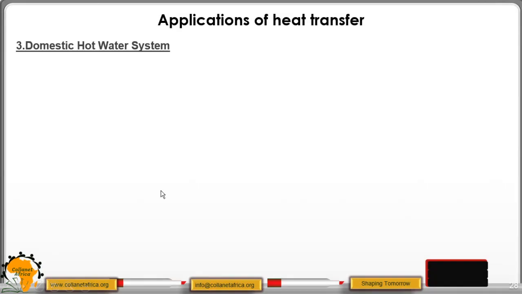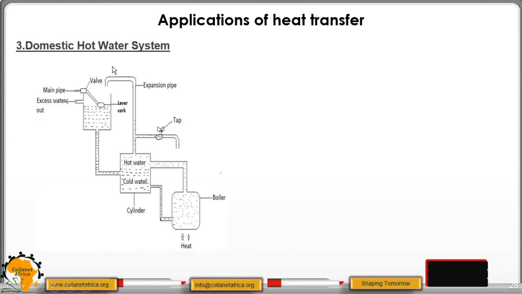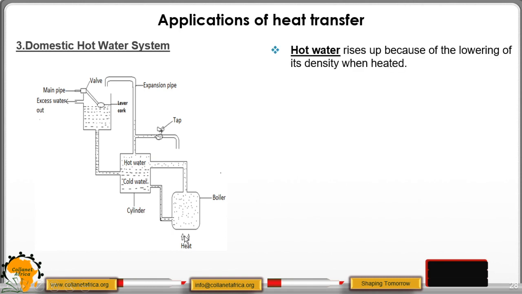Then we move to our third application where we have domestic hot water system. So as you can see in our diagram here, we have a continuous flow of hot water, but the source of heat is just here. So what happens is that when you heat here at the bottom, the water in this boiler becomes less dense and rises up through this.